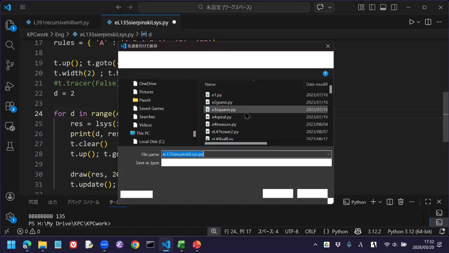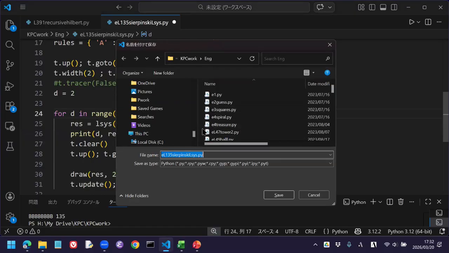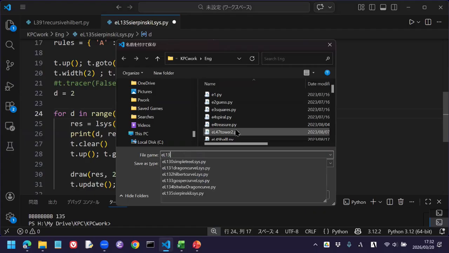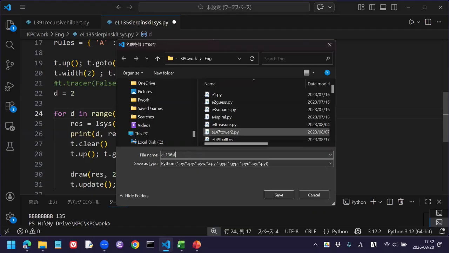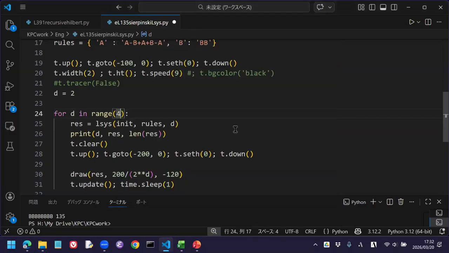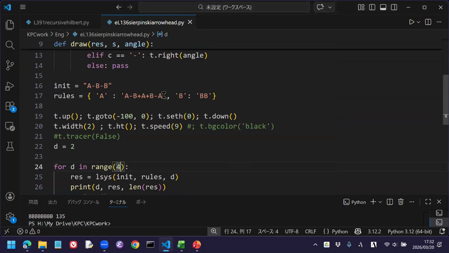Starting from here, we save it as L136, Sierpinski Arrowhead, something like that. Then let's change just the rule part.